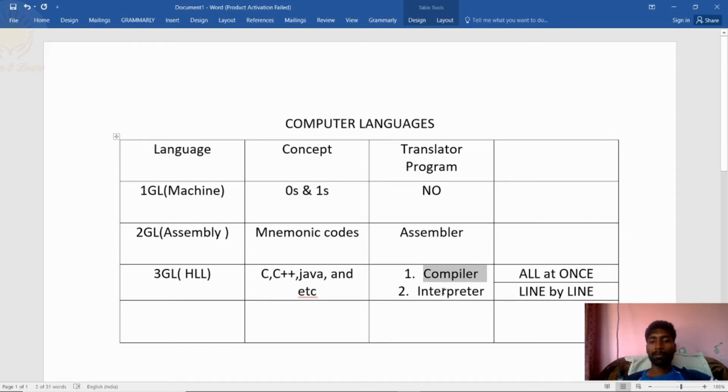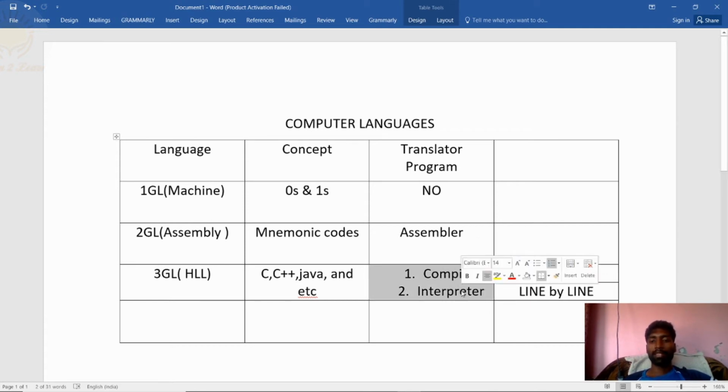If I am using an interpreter, the interpreter converts our program line by line into machine language. It means if the compiler finds any errors, if in a document there are 10 mistakes, the compiler will show all 10 mistakes together. So we have to correct the mistakes. Only if we correct the errors will it execute the program.